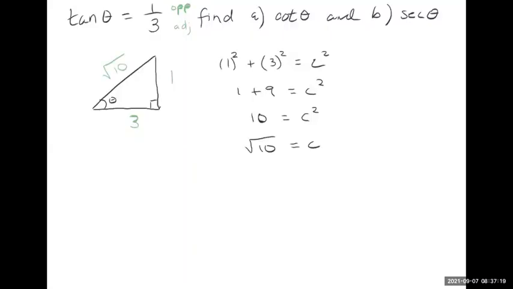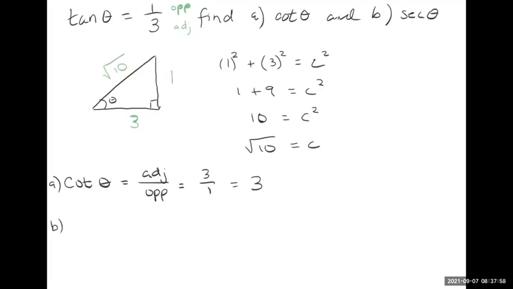So if I know all 3 sides of the triangle, I know cotangent is the reciprocal of tangent, so it's adjacent over opposite. Adjacent over opposite would be 3/1. So it is 3, just like we found before. Secant is 1/cosine.